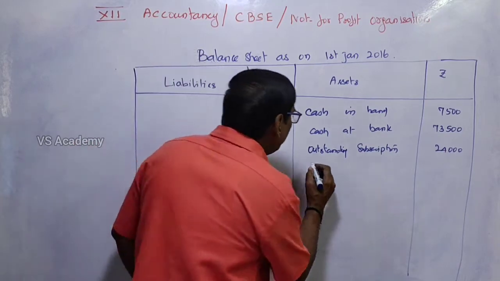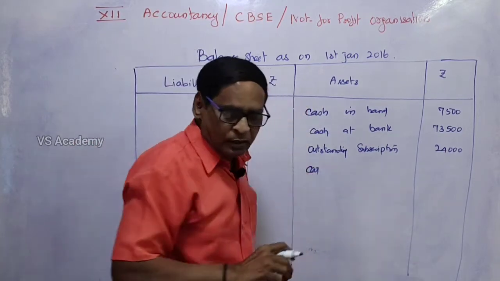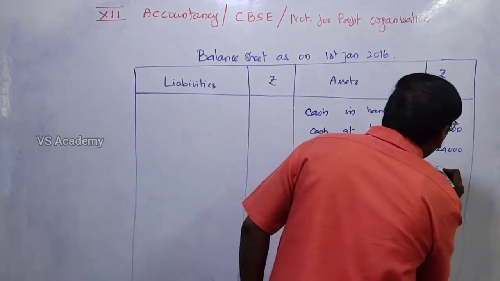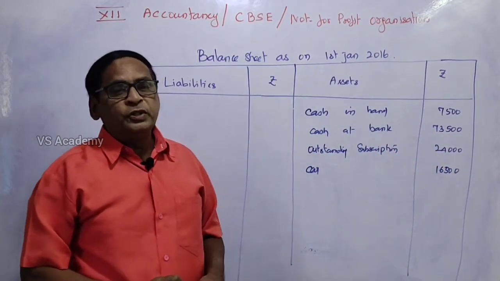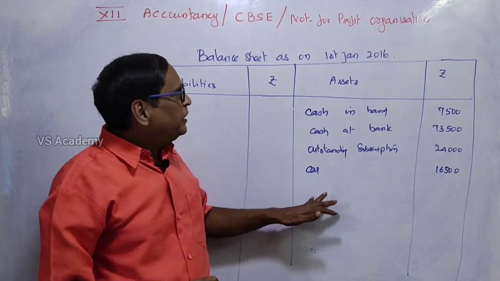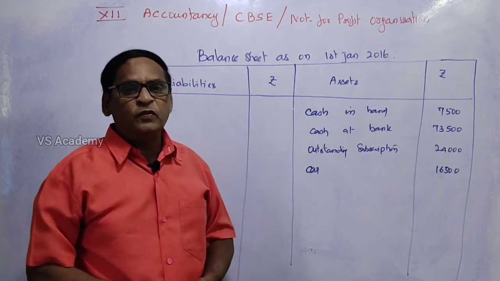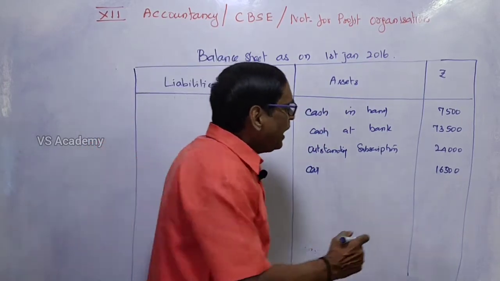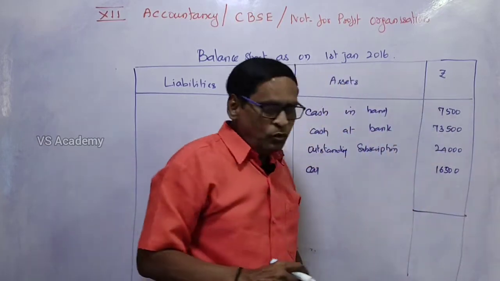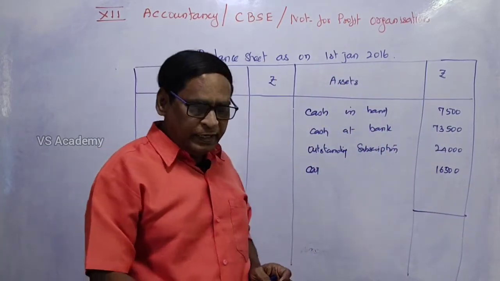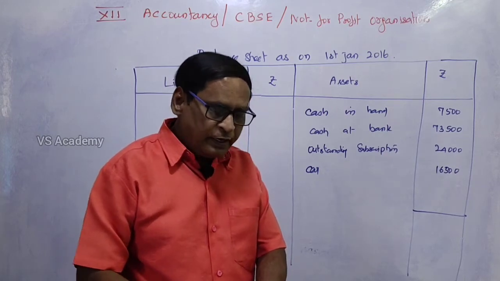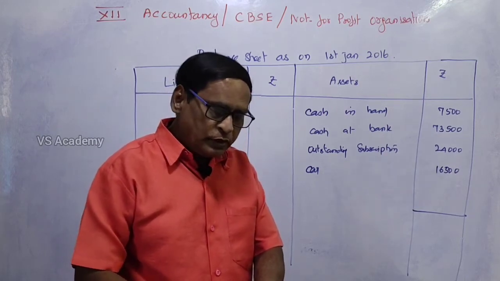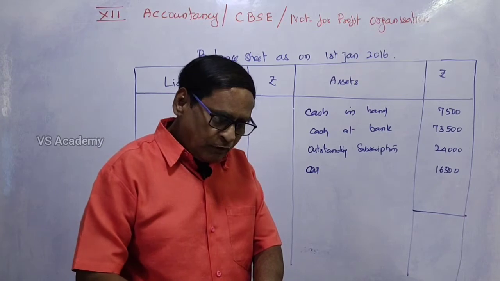So car amount 16,500 rupees. So these are the only items to be entered in the previous balance sheet in order to find out the capital fund. If we add, you can find out, because there is no liability. So 7,500 plus 73,500 plus 24,000 plus 16,500.